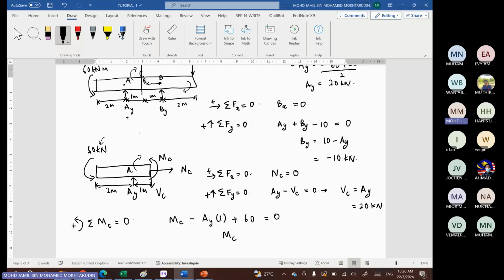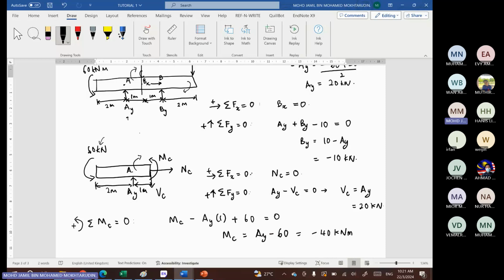So MC equals AY minus 60. So we get negative 40 kilonewton meter.